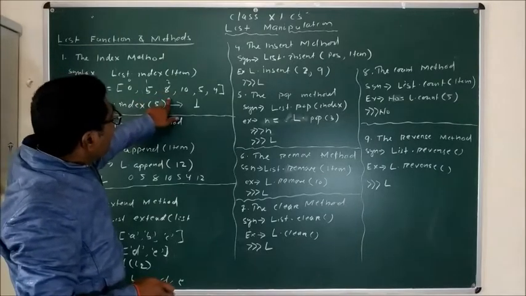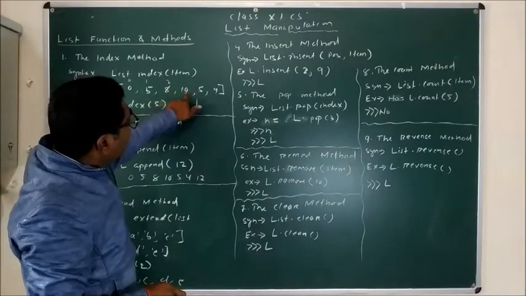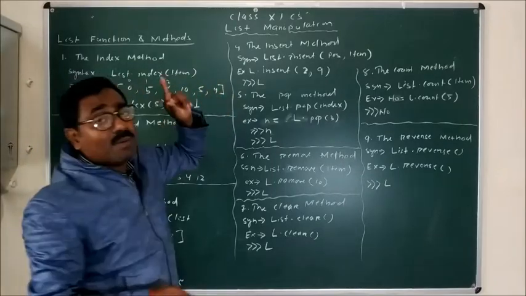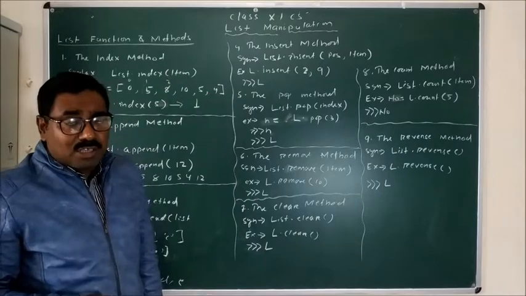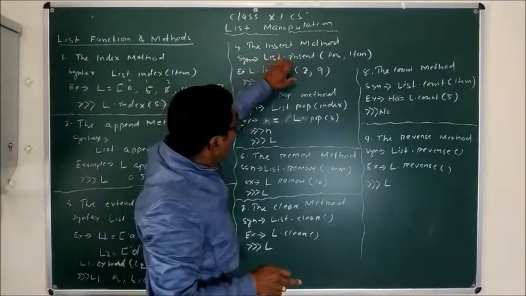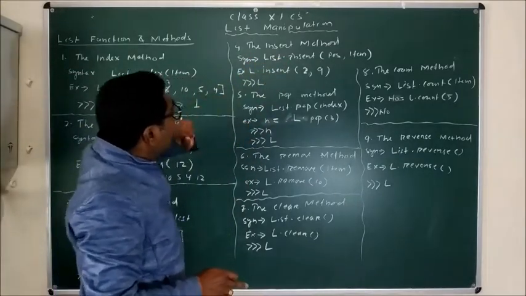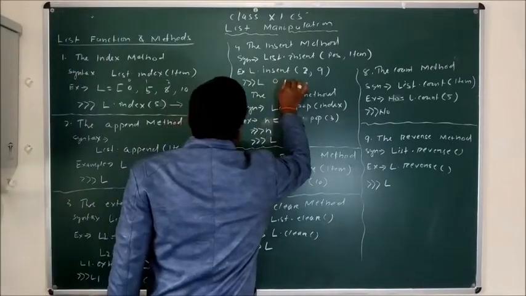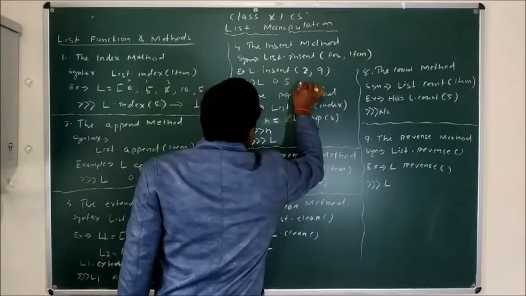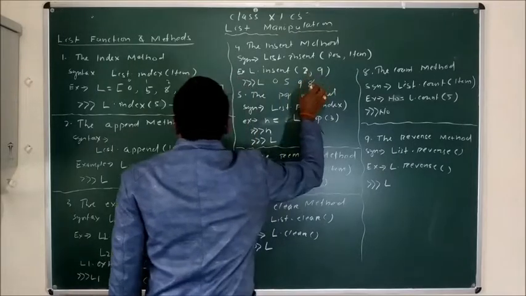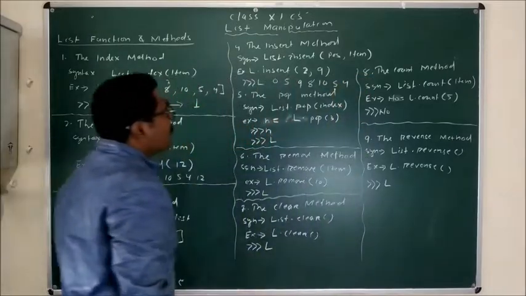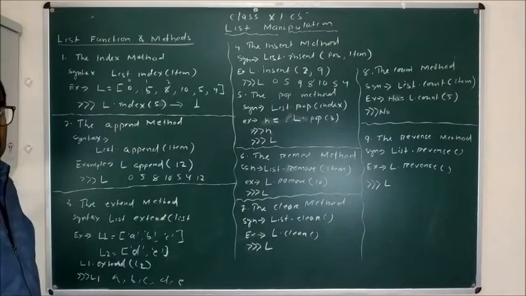So this 8 will be moved to the next position, 10 will be moved to the next position, 5 will be moved to the next position, and 4 will be moved to a new position. So after execution of this command, suppose we are displaying L, then it will display as 0, 5, 9, 8, 10, 5 and 4. This will be the content of the list.